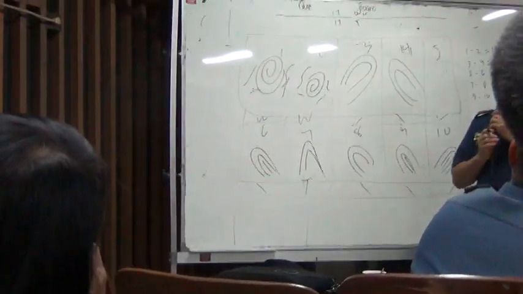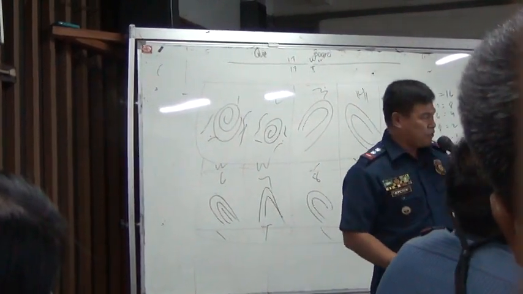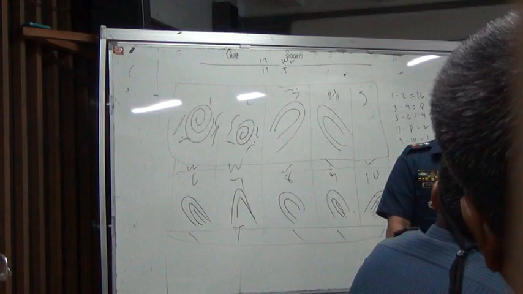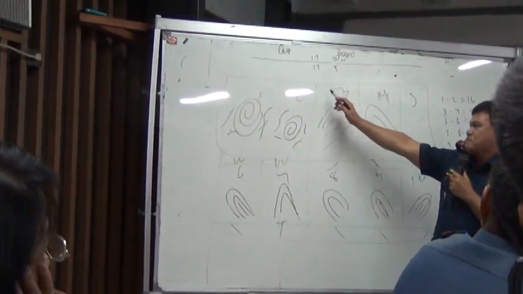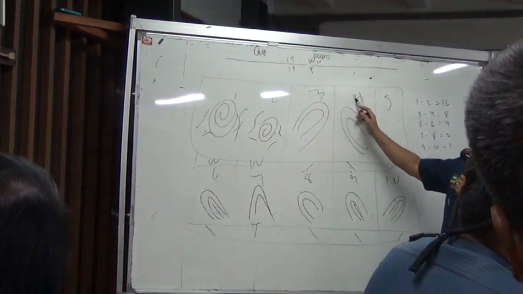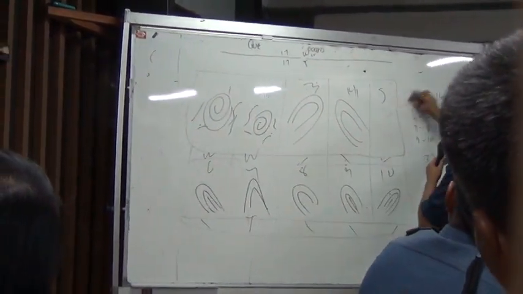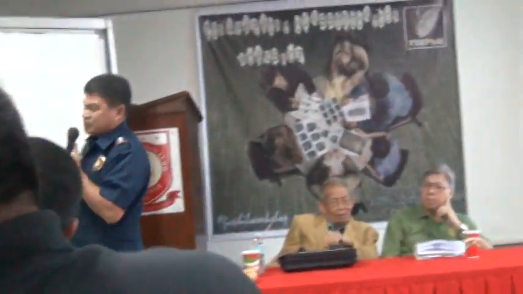Pagdating sa sub-secondary classification, that is the ridge count of the loop and the ridge tracing of the whorl in the index, middle, and ring finger. At meron po tayong table na sinusunod.